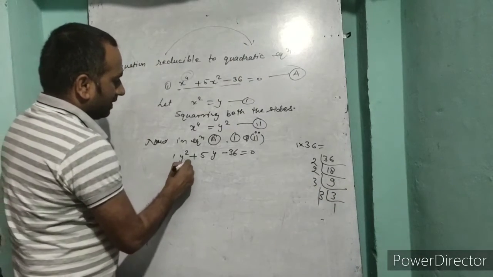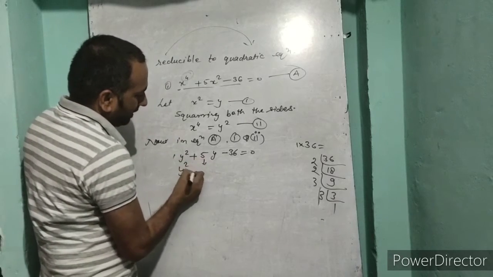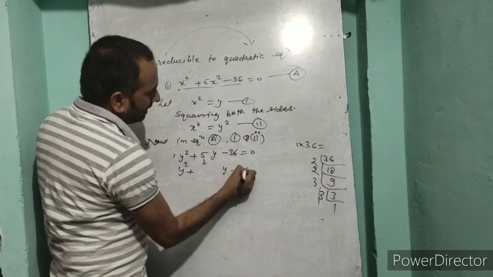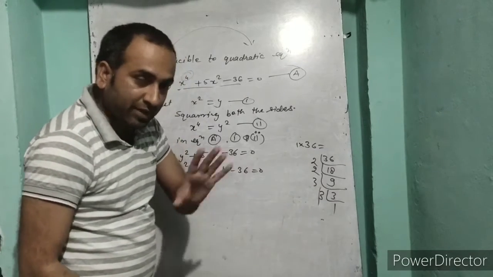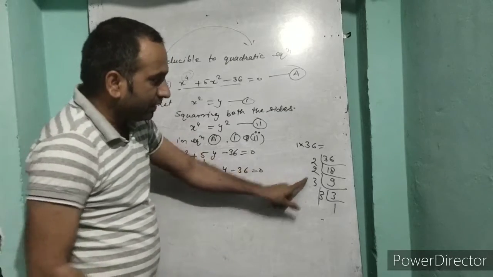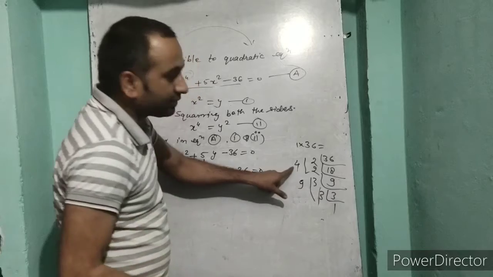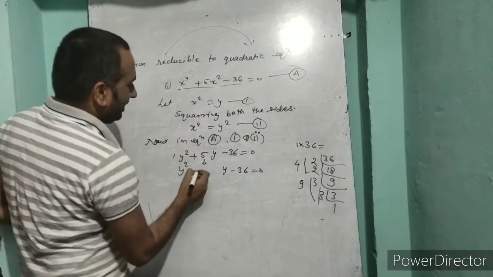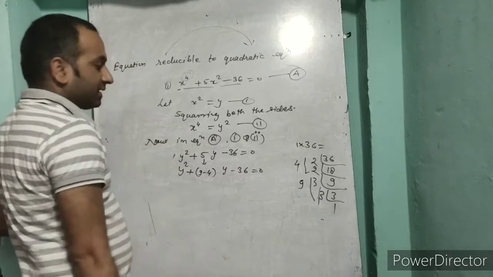Now we will write all the things except 1, except 5y minus 36 is equal to 0. By these factors, we have to make 5. So 2 2s are 4, and 3 3s are 9. So 9 minus 4 can be 5. So you will write 9 minus 4, y minus 36 is equal to 0.